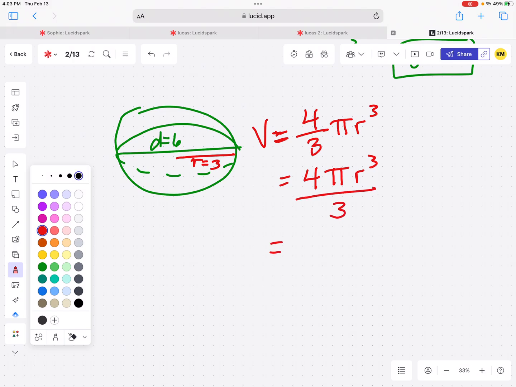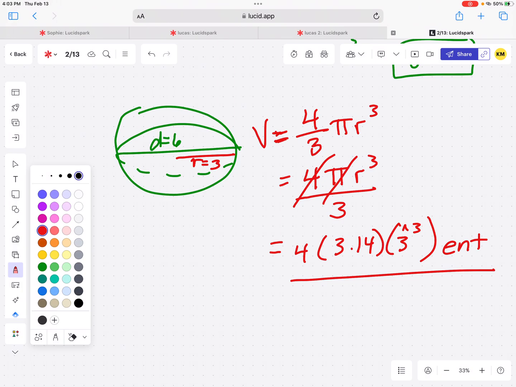So let's do it. 4, pi, 3.14, radius, 3 to the power of 3, and it's that little mountaintop button. Enter. Get your answer. Divide by 3. So let's see what that is. 4, parentheses, 3.14, parentheses, 3 to the power of 3.